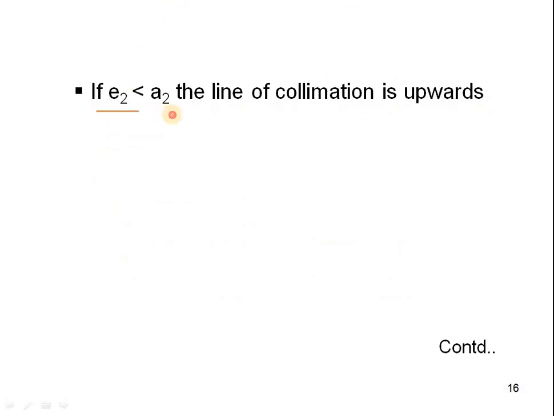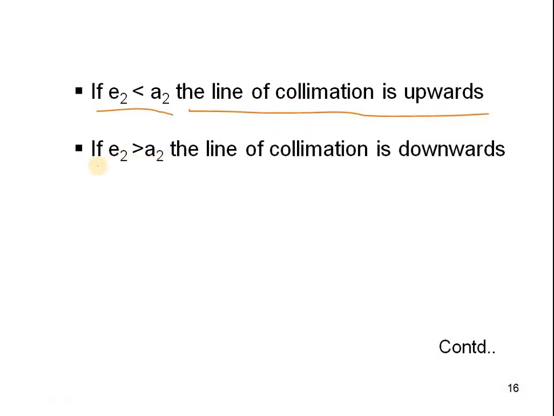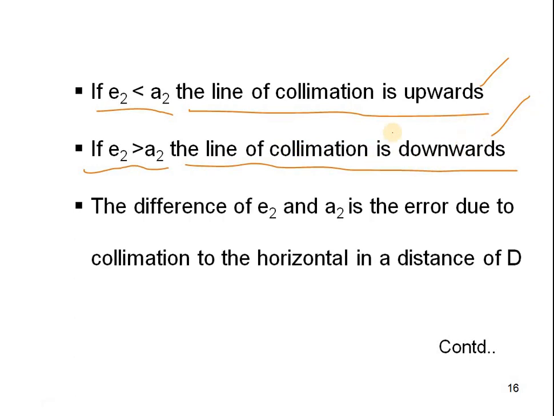If E2 is less than A2, the line of collimation is upwards. If E2 is greater than A2, the line of collimation is downwards. Remember this, it is very important. The difference of E2 and A2 is the error.